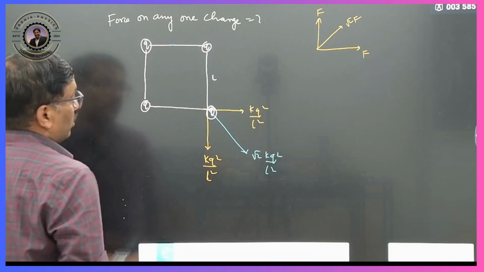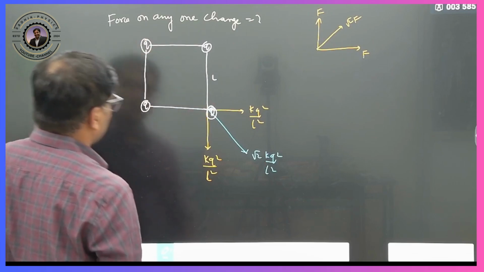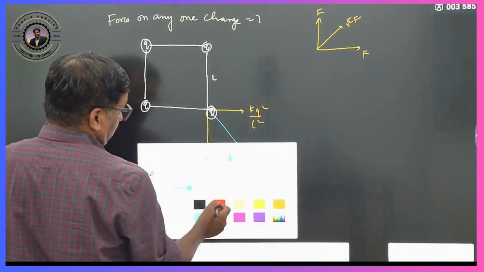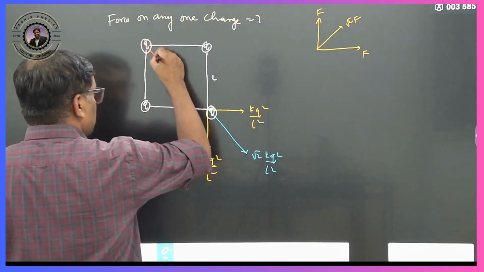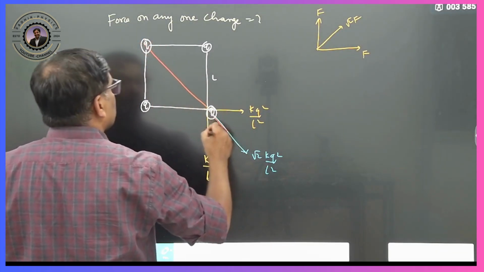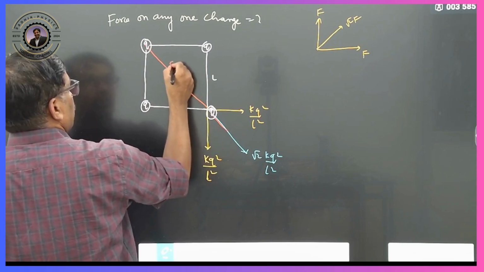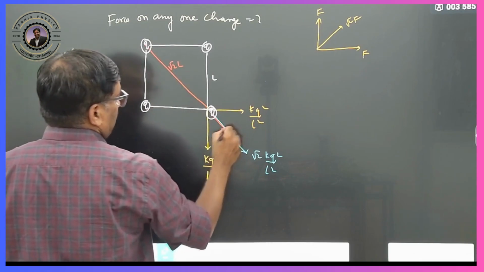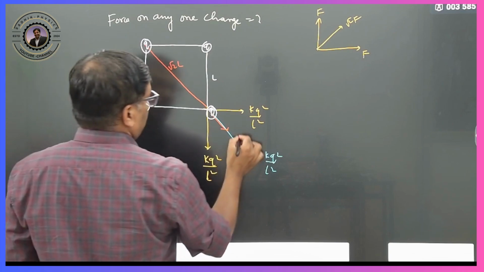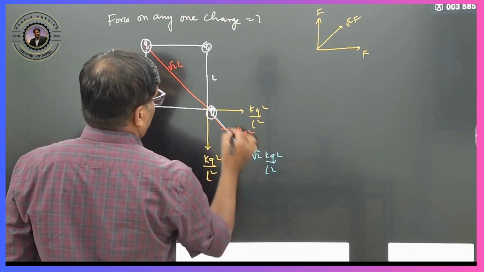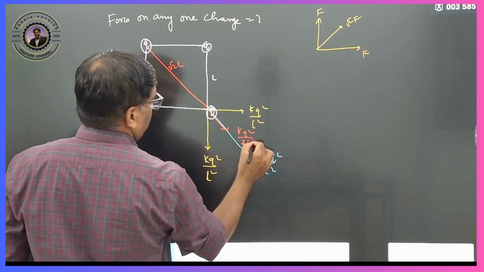Clear? Not only these two, one more charge is also there. This also will exert a force on this. What is this distance? Root 2 into L. This side also a force will be there. How much? K into Q square by (root 2 into L) whole square, that is 2L square.